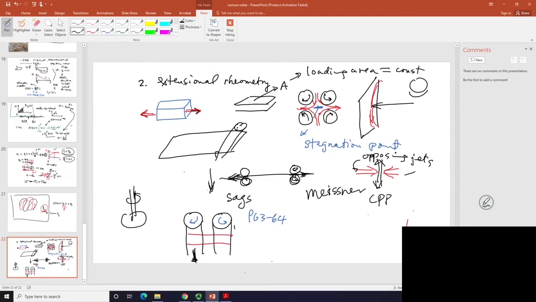But what is not the same is extension. The loading area is this, right? Is this. That area keeps changing as I draw thinner and thinner.